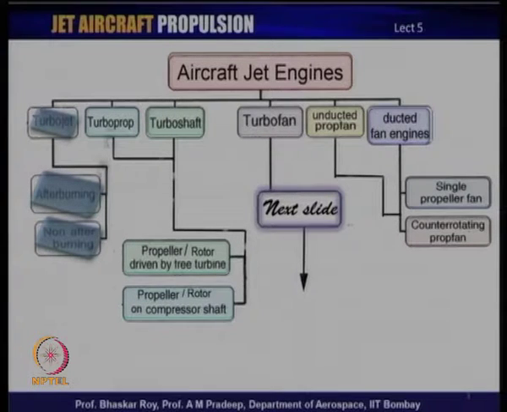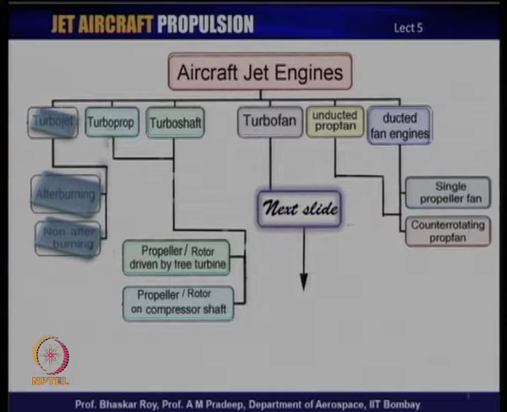We will talk a little about the turboprop and turboshaft, which can very broadly also be categorized as jet engines, in the sense that they use the basic engine which is the same as a jet engine, that is the gas turbine engine. We will be talking about the turbofan engines and a modern variant of turbofan, some kind of a cross between turbofan and turboprop, that is the prop fan, which has two variants, one unducted and another ducted.